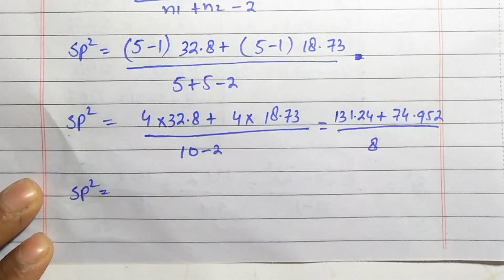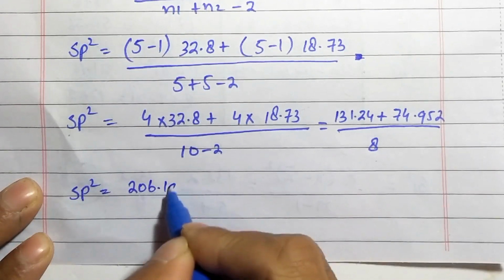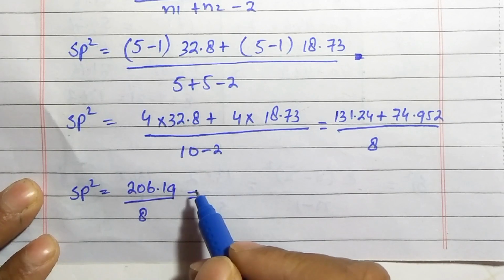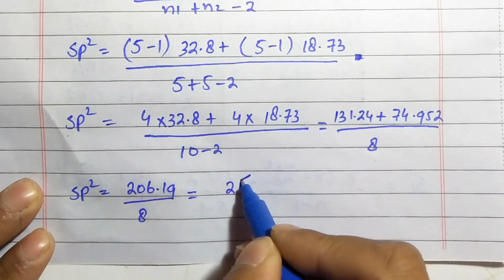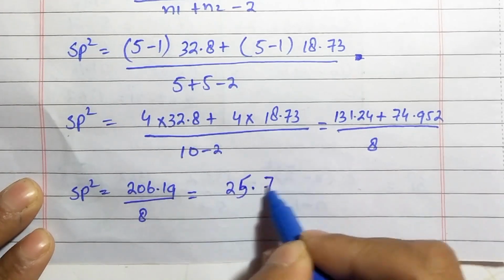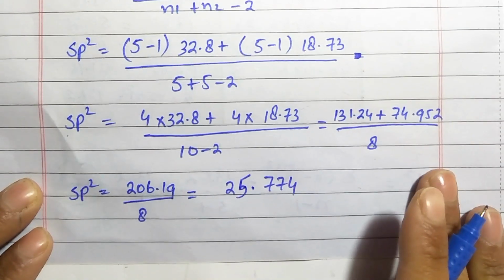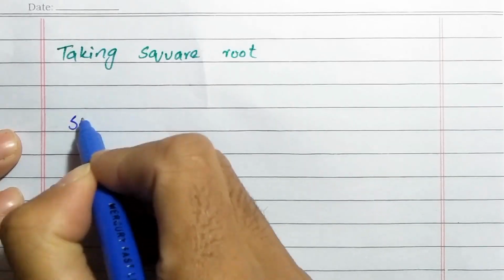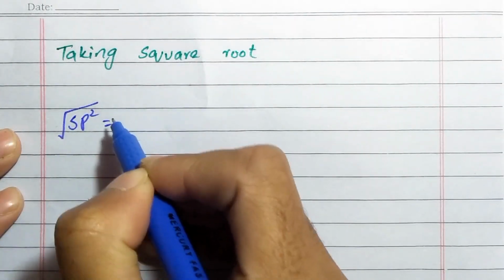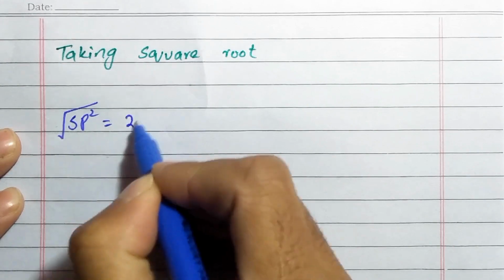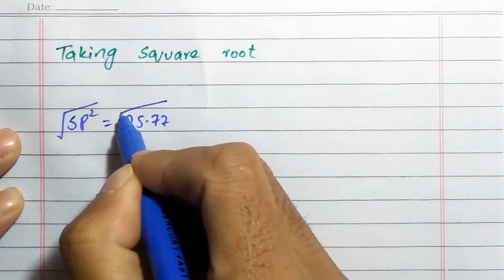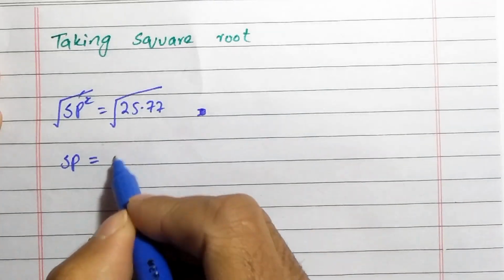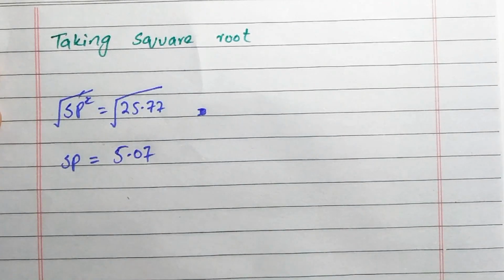Sp square is equal to 206.19 divided by 8, which is 25.774. We will take the square root on both sides to convert Sp square into Sp. Sp is equal to the square root of 25.77, which is 5.07.